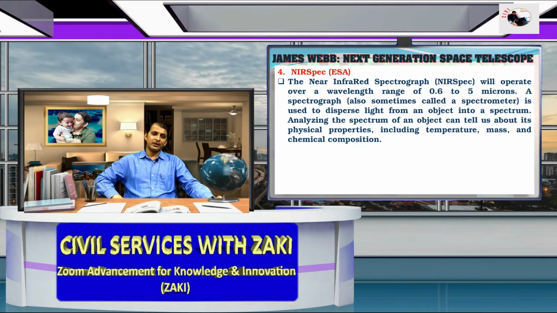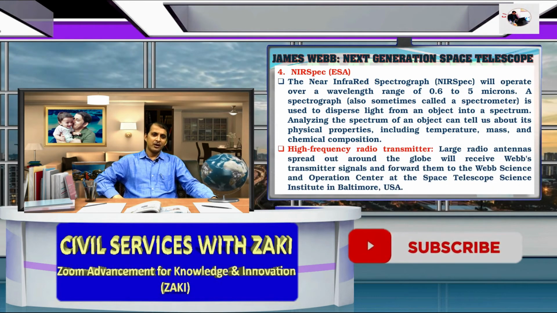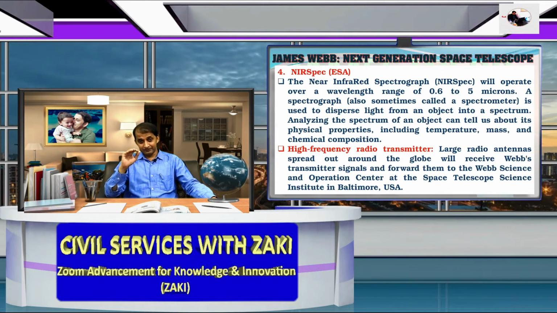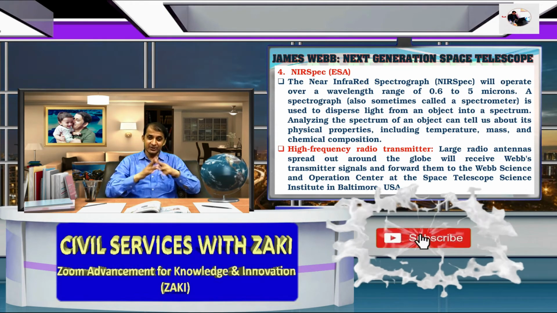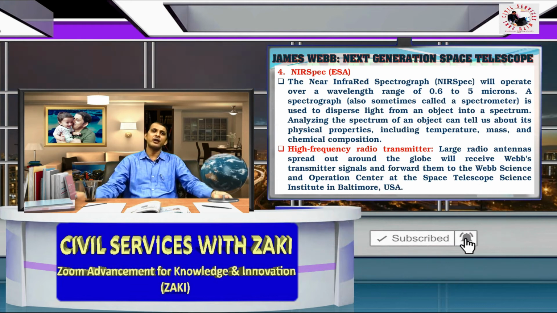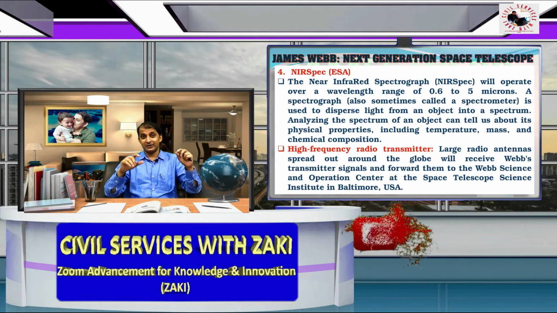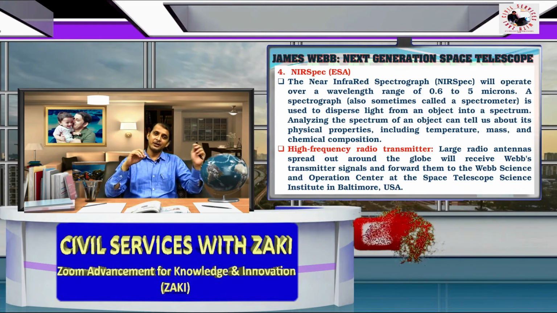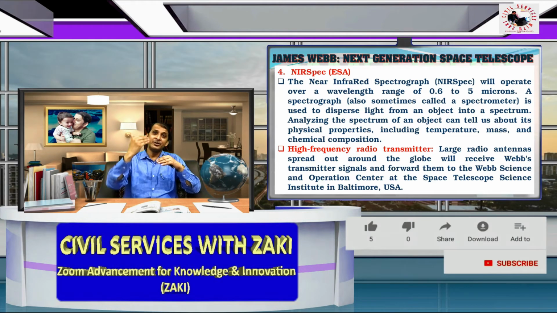Further, we see another instrument called the high frequency radio transmitter, and it is basically a transmitter. This transmission is received by large radio antennas spread out around the globe, as we also discussed about these antennas. And if you see China's Mars mission and all that, this is how scientists communicate with space and deep space.